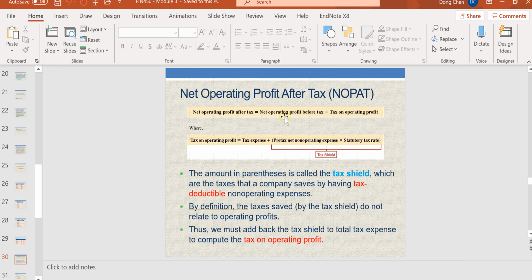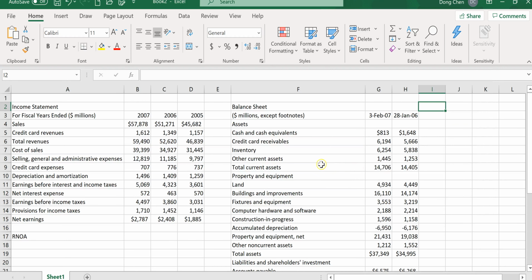This net operating profit before tax is pretty much the earnings before interest and taxes. So that's my NOPBT, which is basically EBIT.